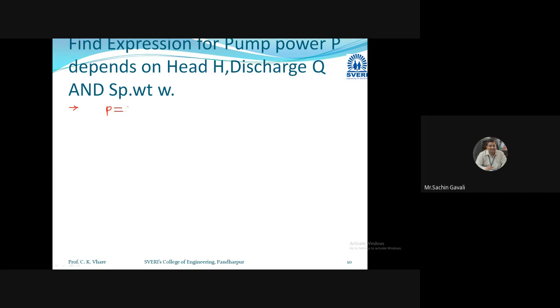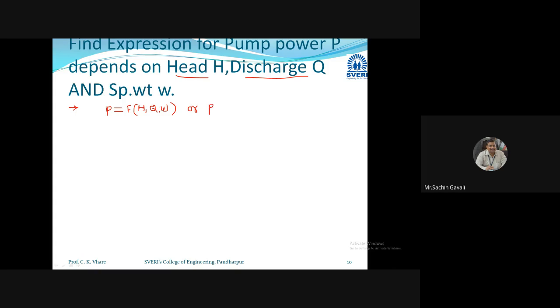Power depends on F of H, comma Q, and W. Correct, not G; where is G coming? Head H, discharge Q, and specific weight W.